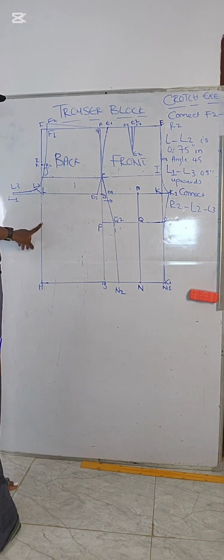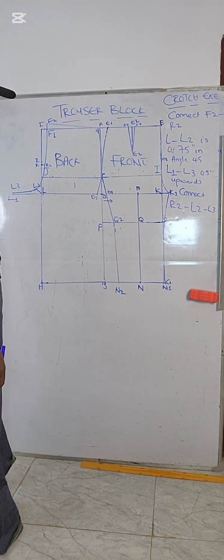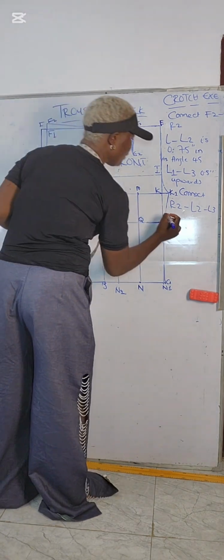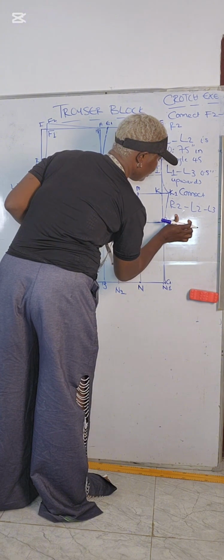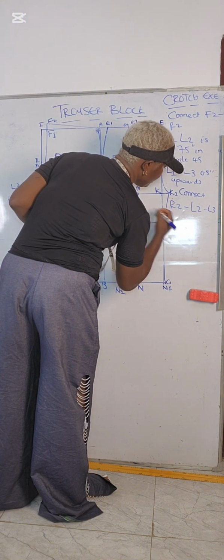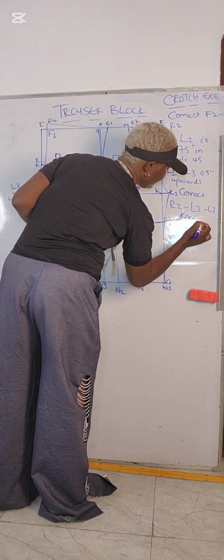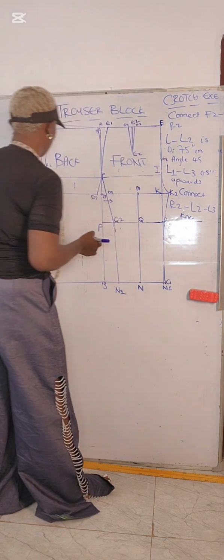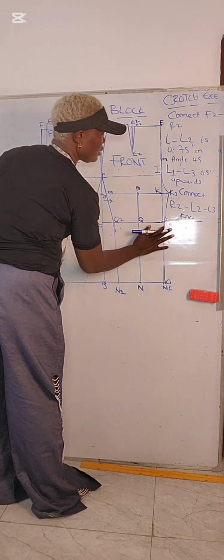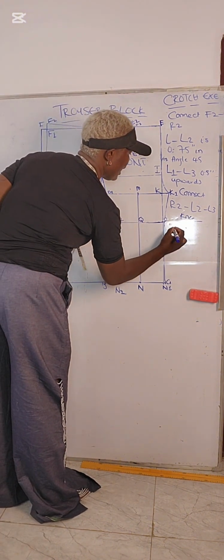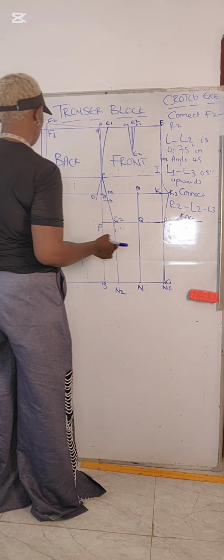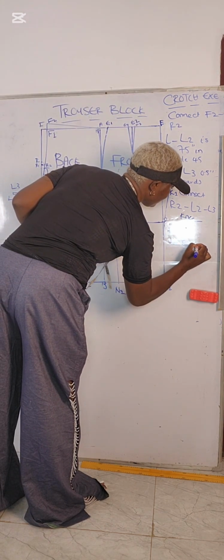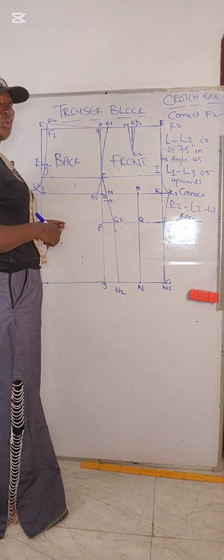We are going to get our S. What is our S? Our S is our waist to knee. Remember my waist to knee is 22.